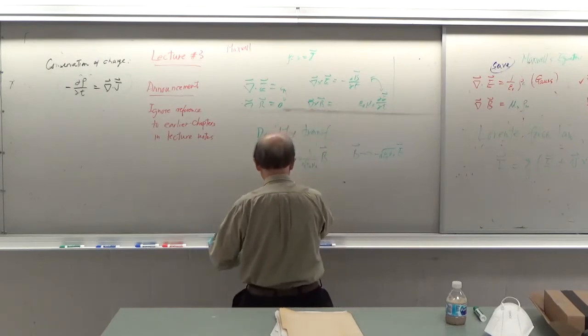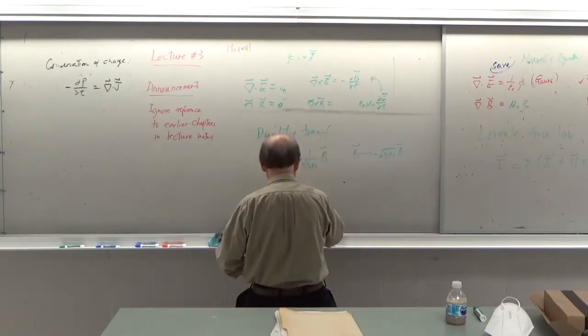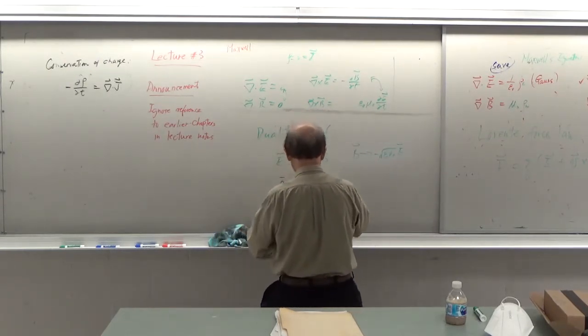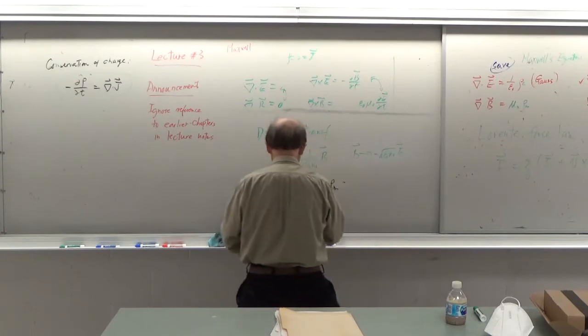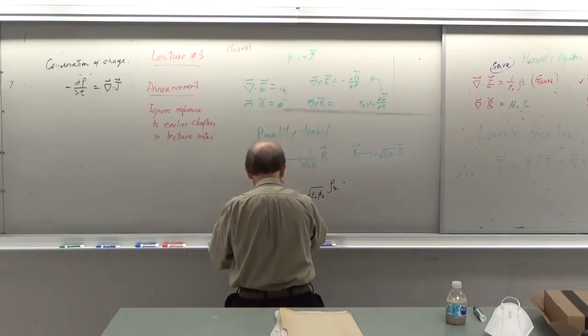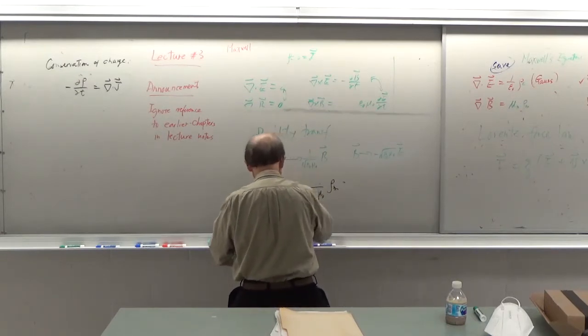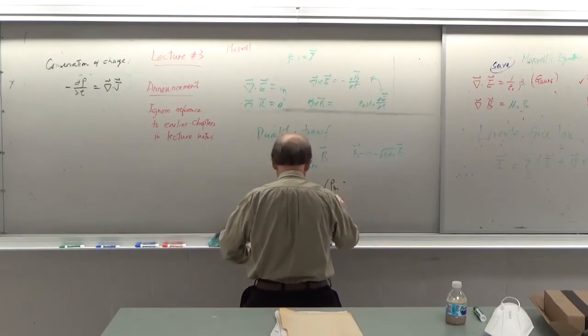Namely, rho E goes into square root of epsilon naught mu naught rho M, and J E goes into this vector times J sub M.